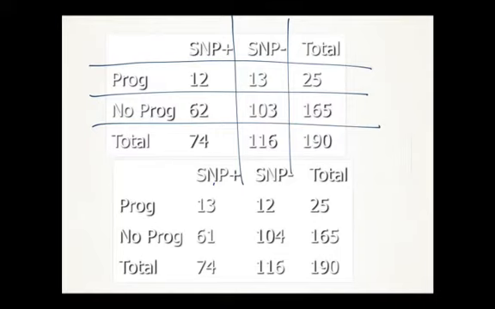Okay, so you see what happened here. This is a table that is more extreme. Why is this more extreme? We made 13 in the SNP positive and 61 here, right?